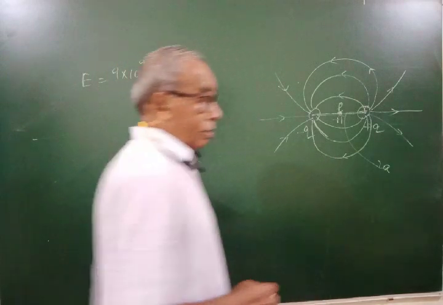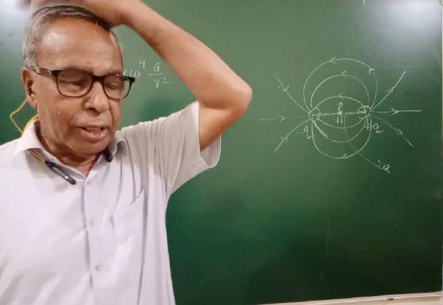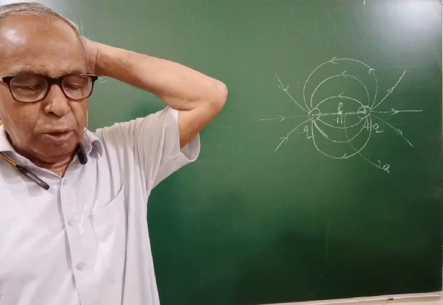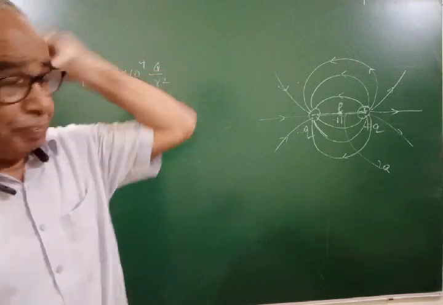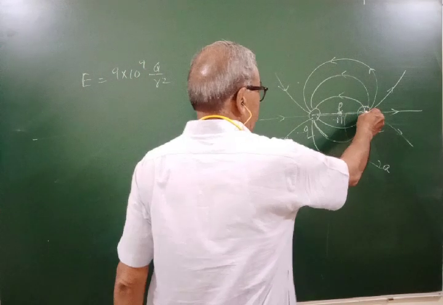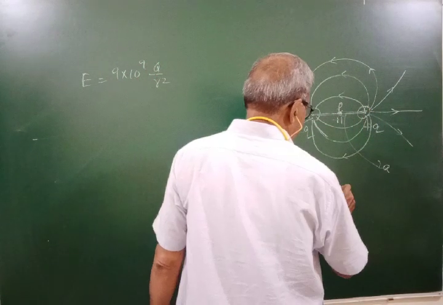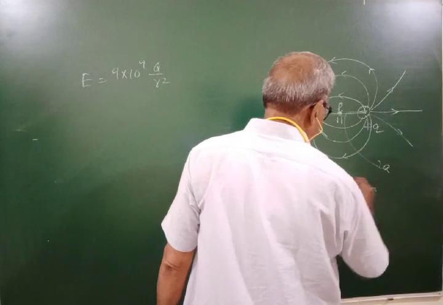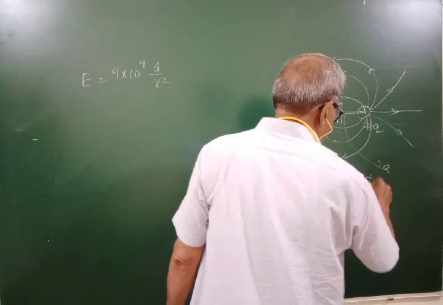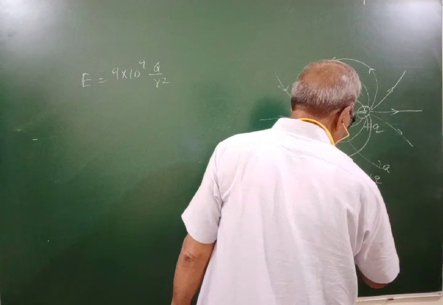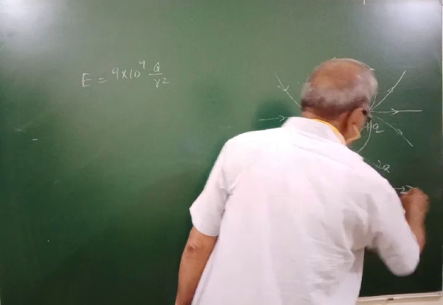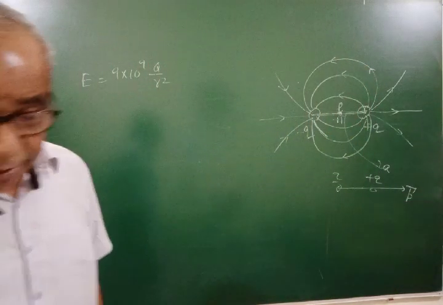This was also asked: give the direction and magnitude of electric field due to a dipole at the midpoint. So the direction is from positive to negative, opposite to the dipole moment. The dipole moment direction is from negative to positive. So this is a very important point here.